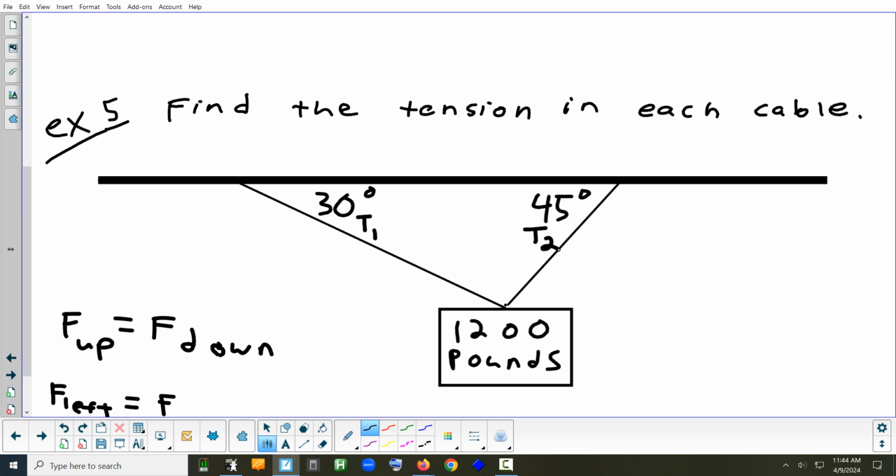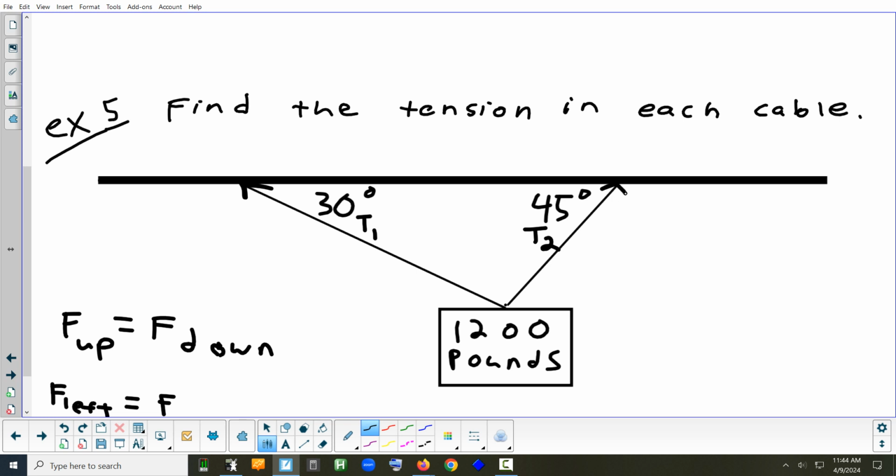Which way is cable T1 pulling? To the left and up. It's pulling in 2 directions, so it looks something like that. And how about T2? Up and right. We know it's pulling to the right because if you cut T1, all of a sudden it would swing to the right because the cable is pulling it to the right. And it would fall down a little bit, but it wouldn't hit the ground.